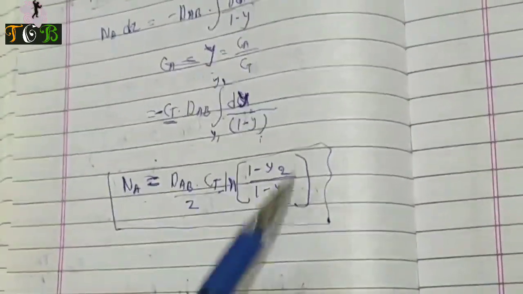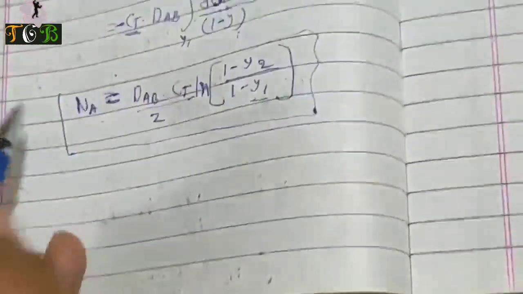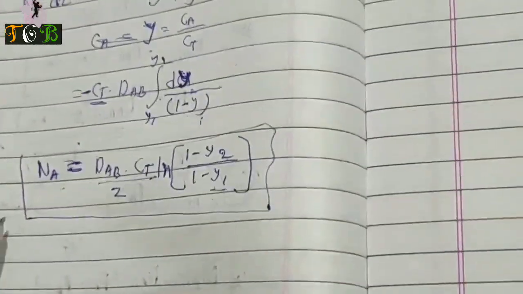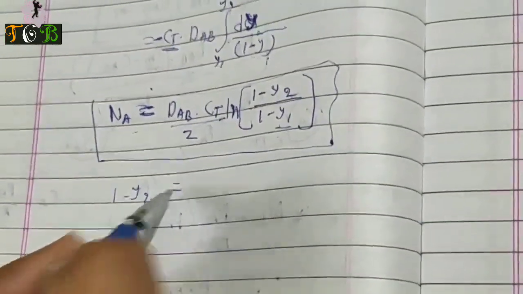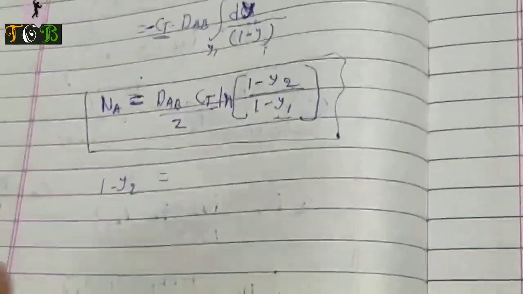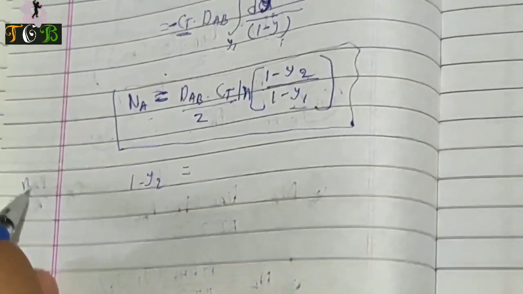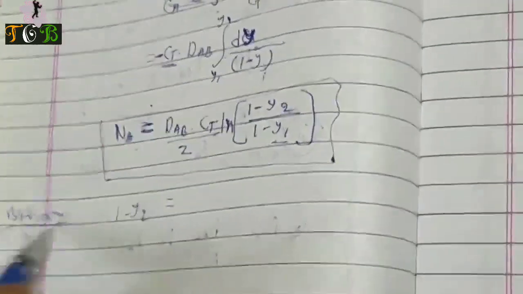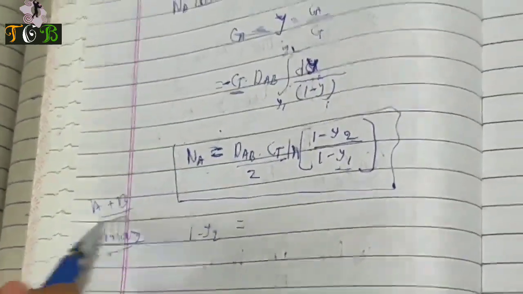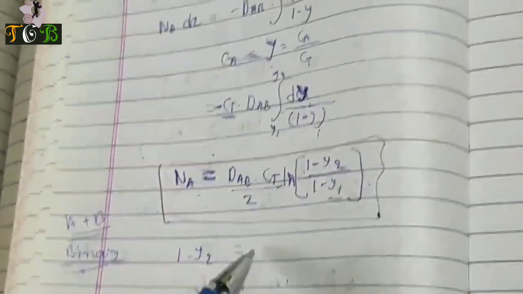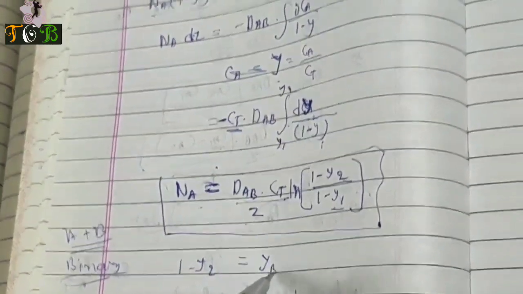So remember this equation. Now I'm going to tell you a very important concept here. If you look at 1 minus y2, and you know that we are considering only a binary mixture over here, so there are two things, a and b. So 1 minus y2 will be yb2.